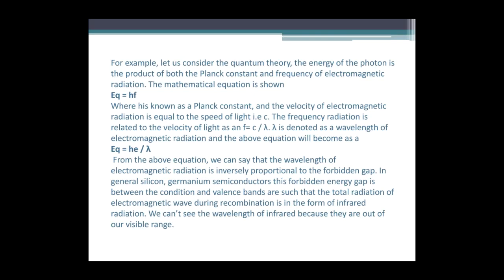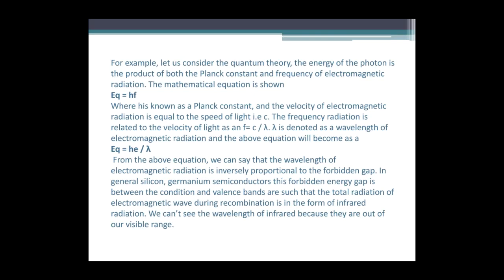The frequency of radiation is related to the velocity, and the frequency is denoted in terms of the wavelength of electromagnetic radiation, and the above equation will become E = hc/λ.